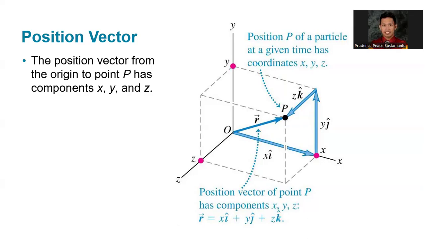So you can see here that if the position of the particle is at point P, then we can describe the position of the particle in terms of the vector r, where the vector r has components along x, y, and z. So this is what we call the position vector.